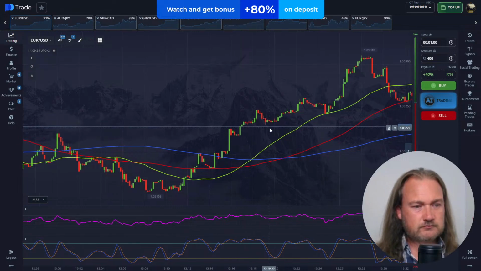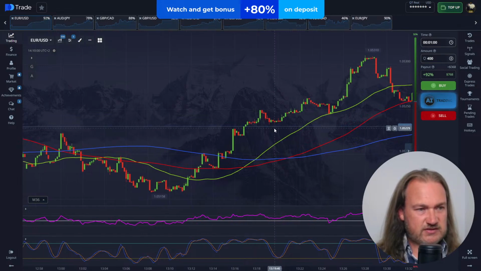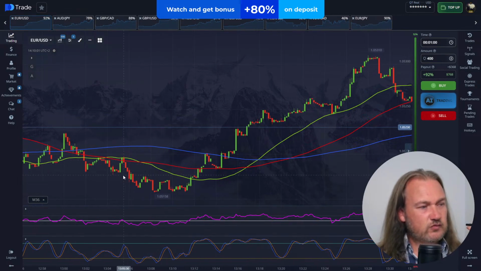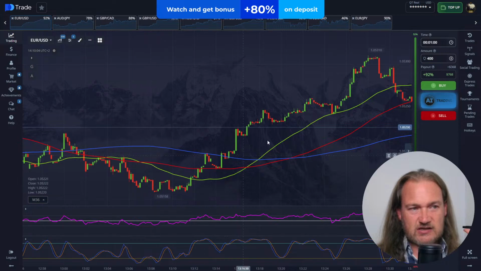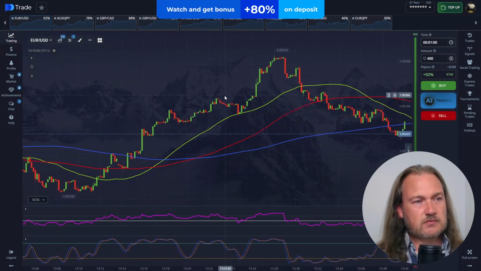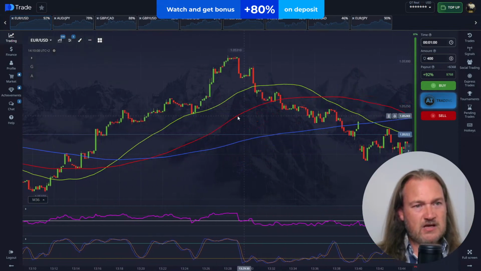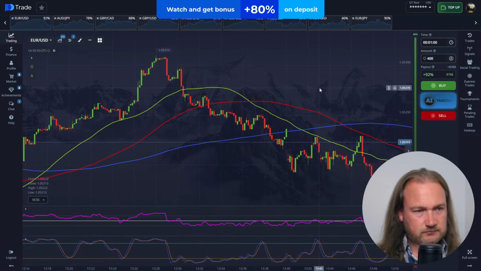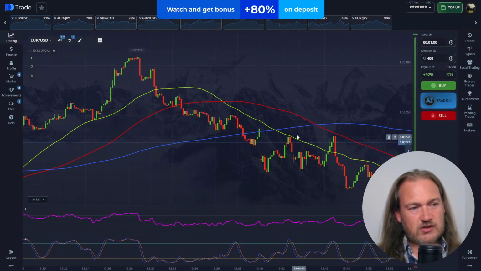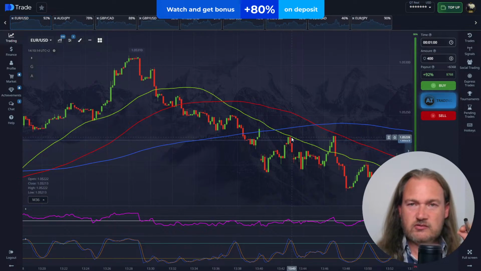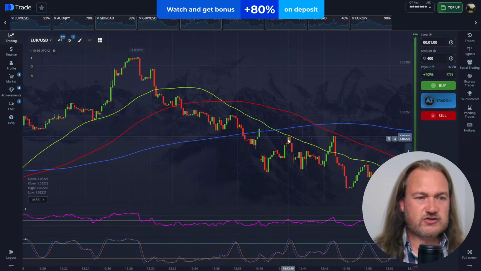And how we're going to take advantage of this is we're going to look for areas where price is moving in a direction, either up or down, and then we're going to look for pullbacks. These pullbacks we're going to look for on or very, very close to our moving averages.